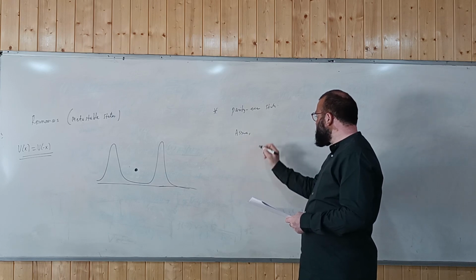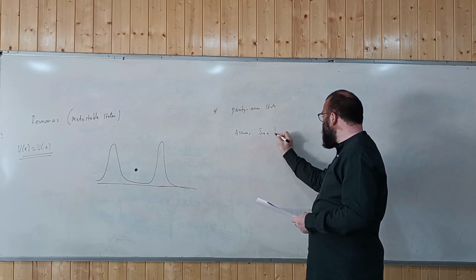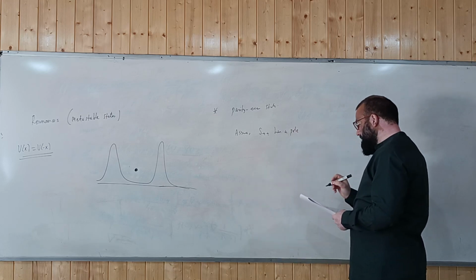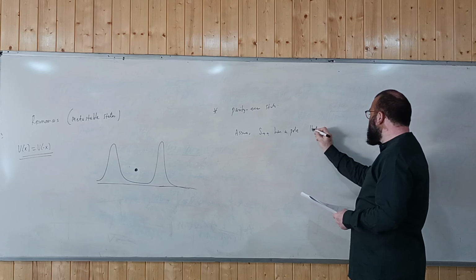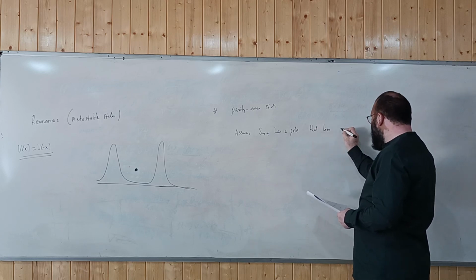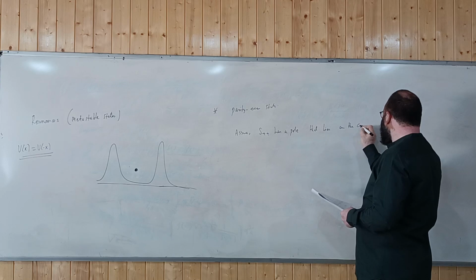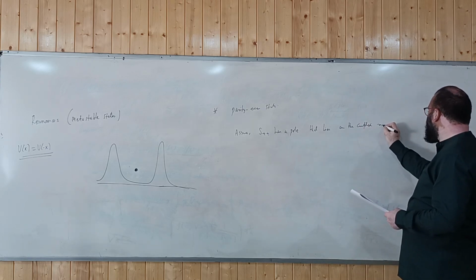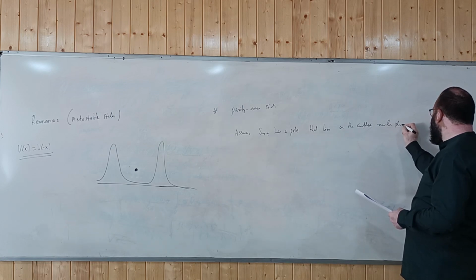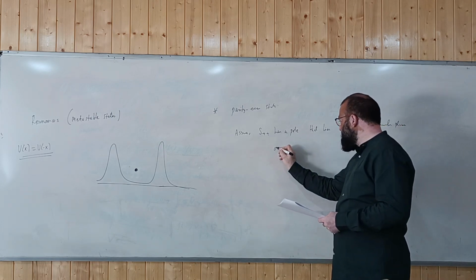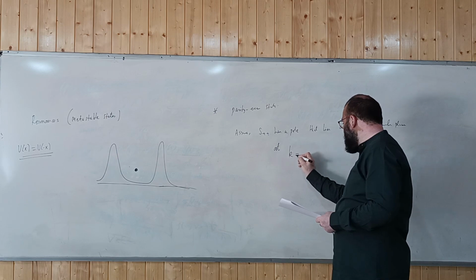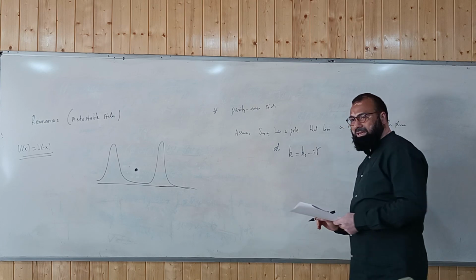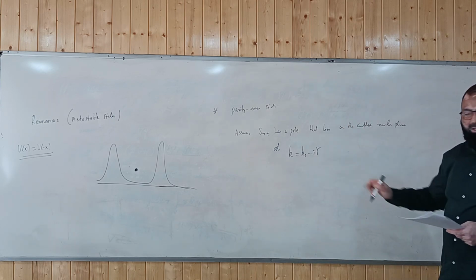So we assume S plus plus has a pole that lies on the complex momentum plane at, let's say, k equal to some k naught minus i gamma, where gamma is some number.